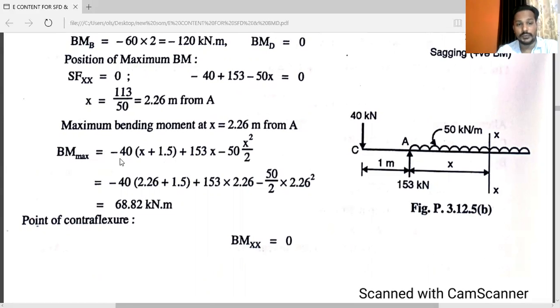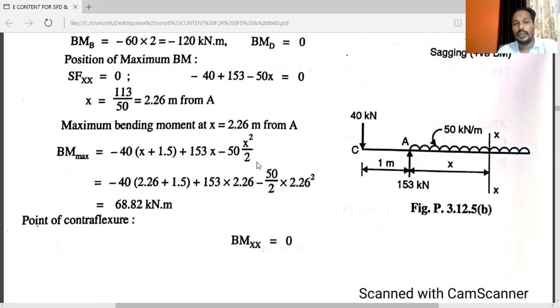So minus 40 into X plus 1.5. This distance is X. This distance is 1.5. Do this correction. Plus 153, it will move in the hogging condition.